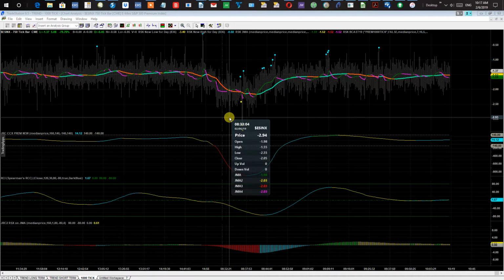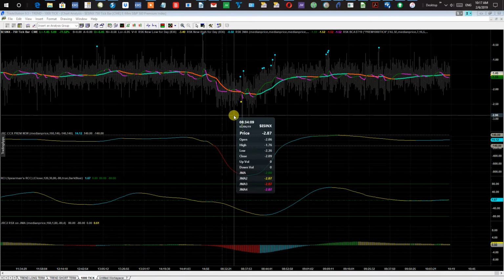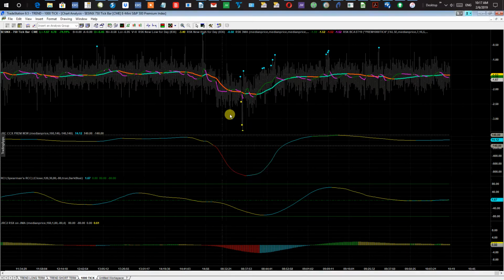And if everything else is in agreement, we go for it. But if it's not, then we're going to wait for the second move up. And you see how on the second move up on the moving average, the highs of the premium are still lower highs. So if we're getting higher highs on the ES, but lower highs on the premium, that's going to be our major setup. That's when we're going to be looking for the execution of the short trade.